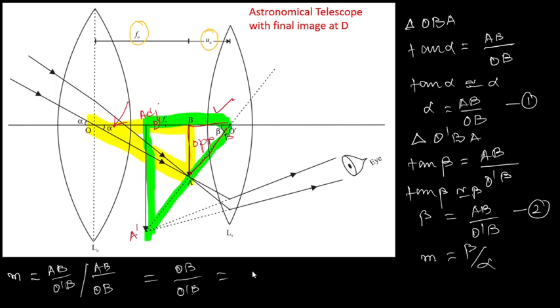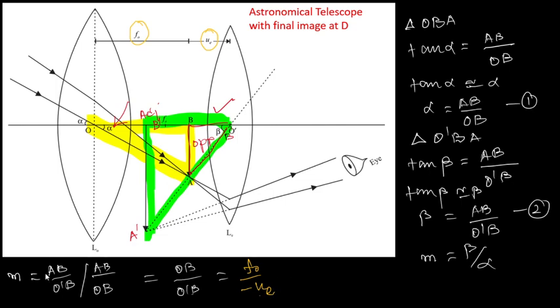Therefore, it should be minus, and FO divided by minus UE. Okay, so this is minus UE, the eyepiece object distance, is it not?